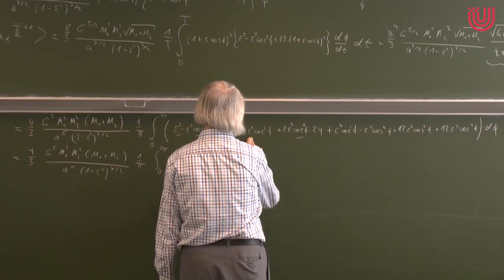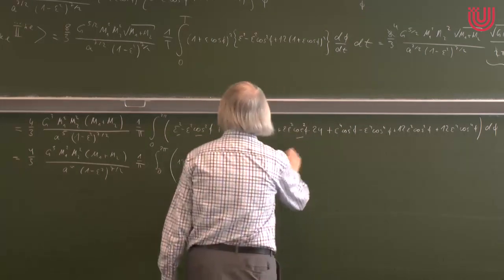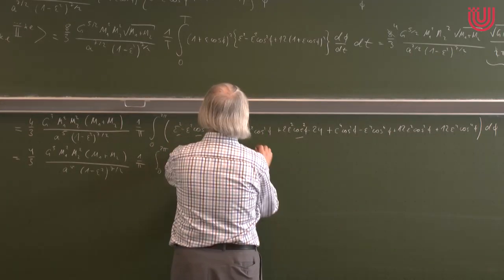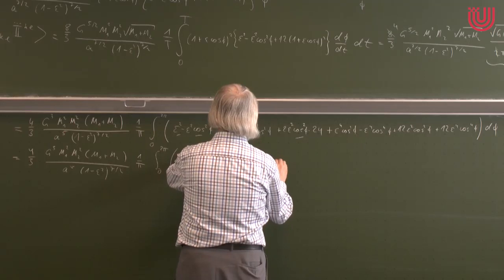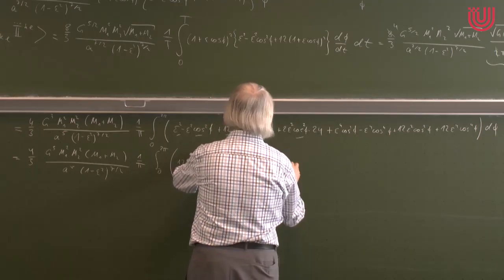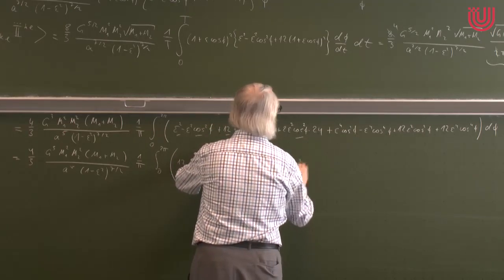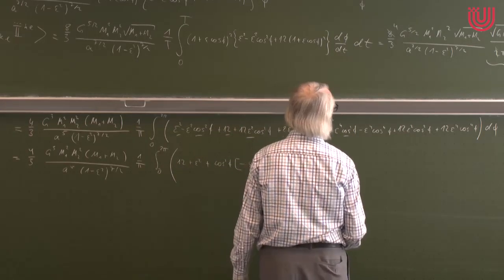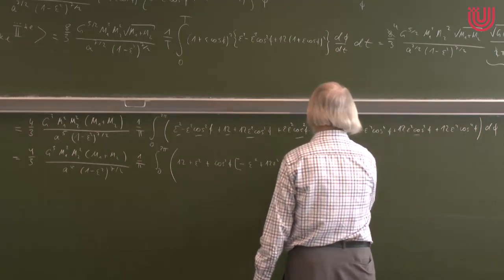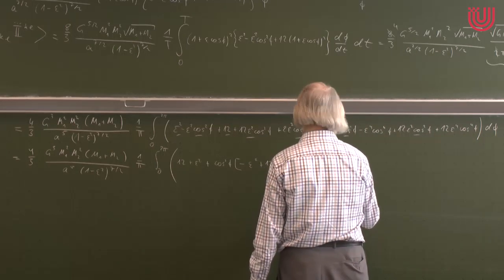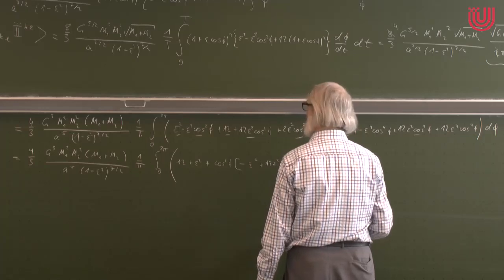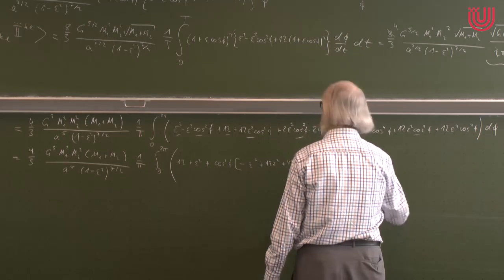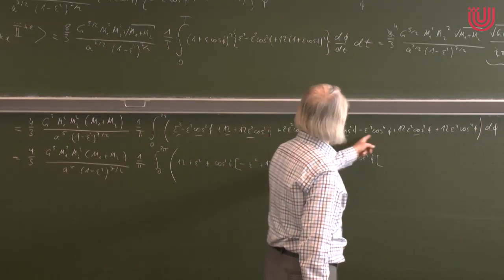Oh my goodness. I write it out. That's too hard for me. It's minus epsilon squared. Then here plus 12 epsilon squared plus 48 epsilon squared plus epsilon to the 4 plus 12 epsilon squared. And then I have the terms with cosine to the 4. No fourth power here.